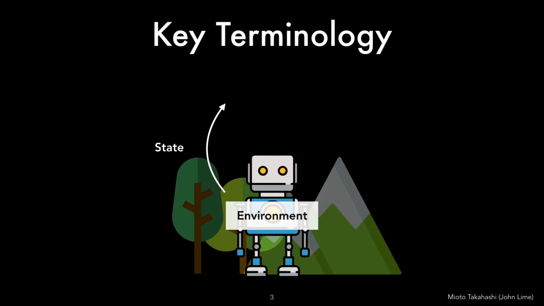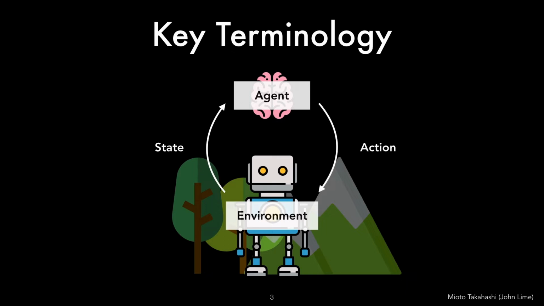This is called state. The state of the environment becomes the input of the agent, or the brain of the robot. The agent then decides what to do next, given the information about the environment, such as the torque or force on each of the joints, or in other words, selects the action given the state. Given the action, the state of the environment changes accordingly.